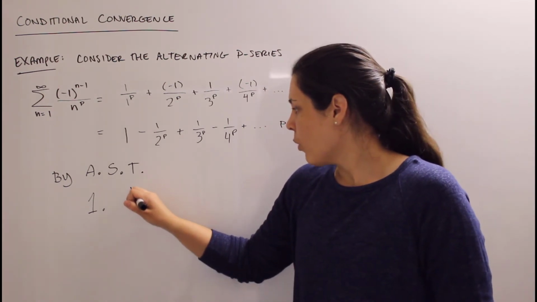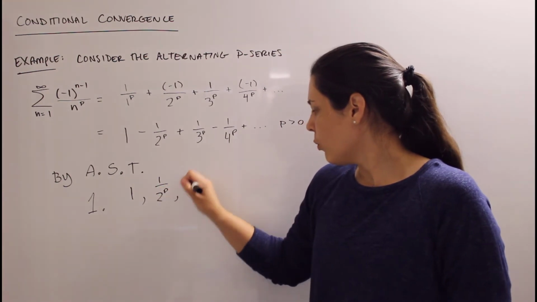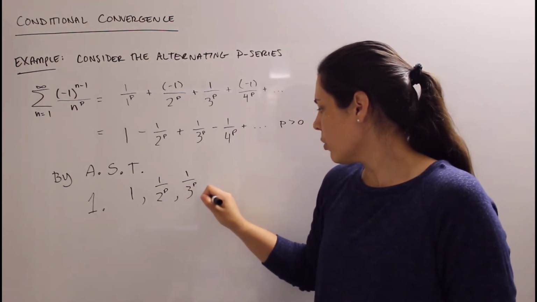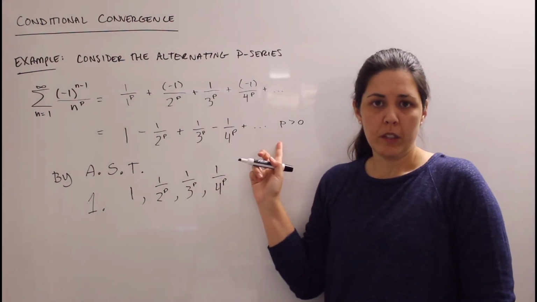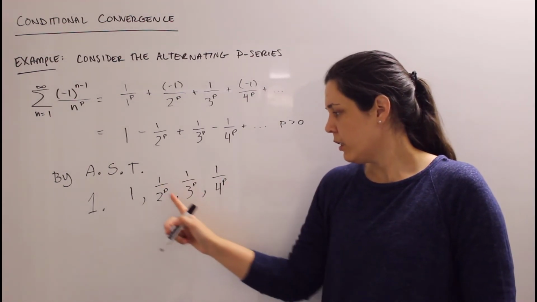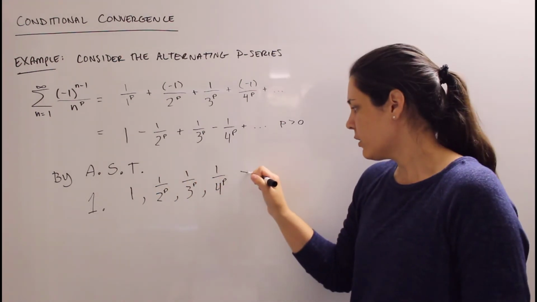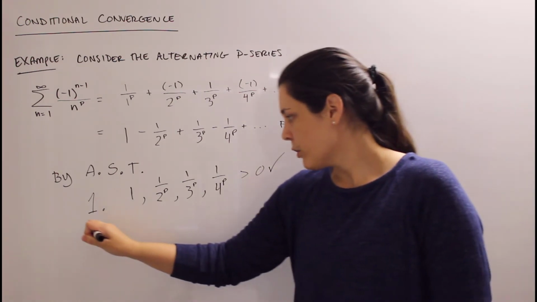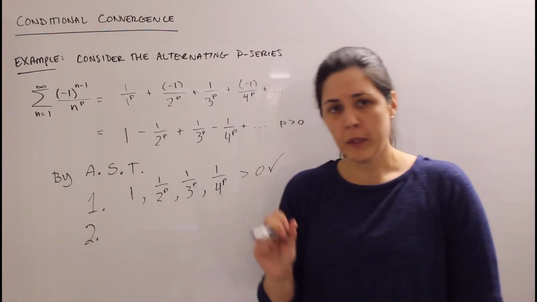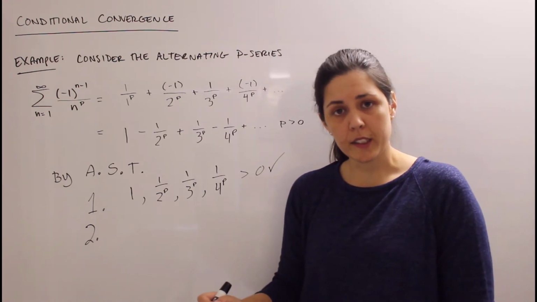So we have 1 over 2 to the p, 1 over 3 to the p, and so on. Now for any p value, any exponent on these numbers greater than 0, this is going to stay positive. So yes, all of these are positive. Check number 1. Number 2, from the alternating series test: are the terms non-increasing?